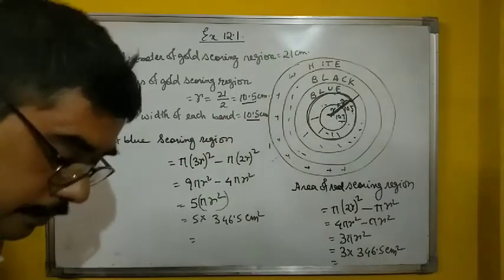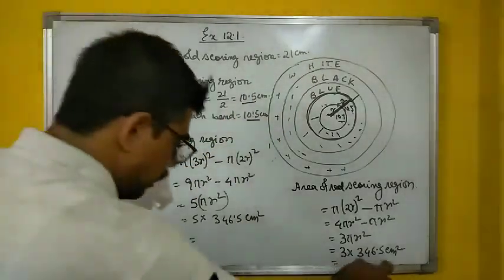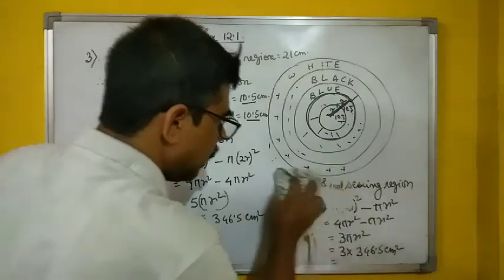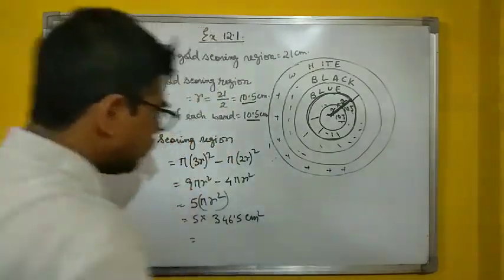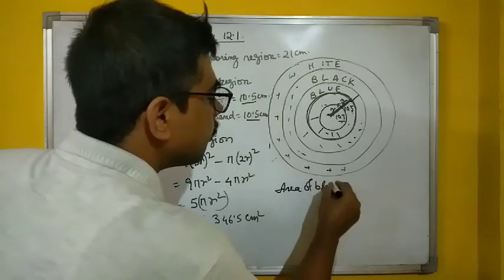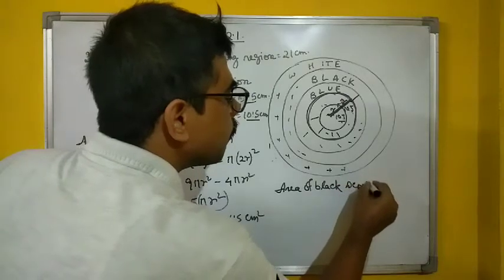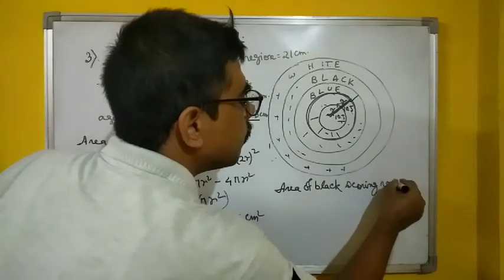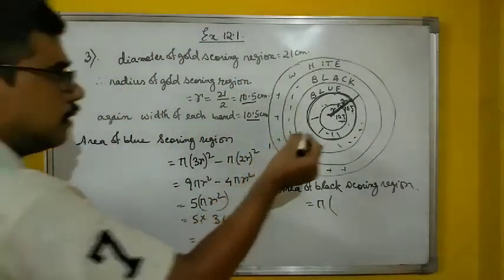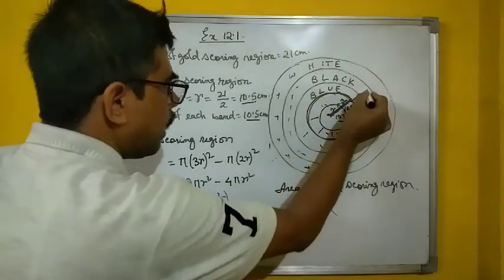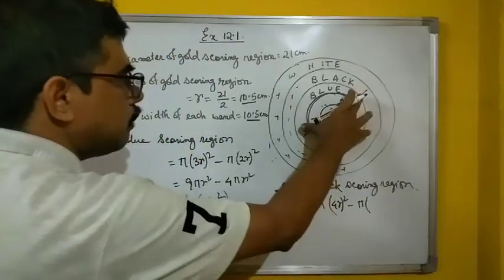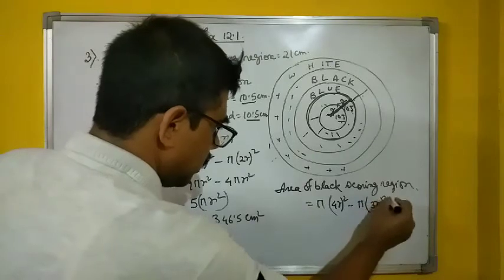The same is the case with the black scoring region. You multiply and you will get the answer. Area of the black scoring region: you see, 1 R, 2 R, 3 R, 4 R. So pi 4R whole square minus pi, up to the blue, it is 3R square.